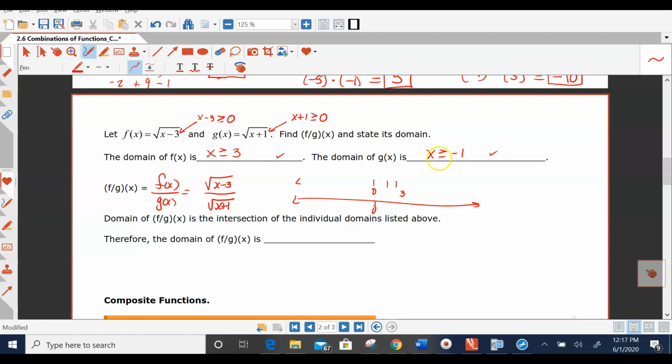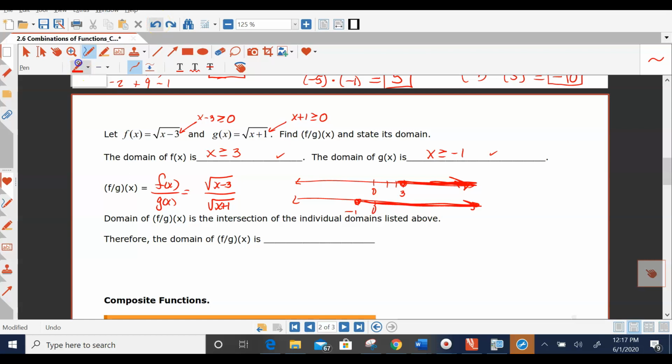And x greater than or equal to negative 1 would be everything to the right of negative 1.